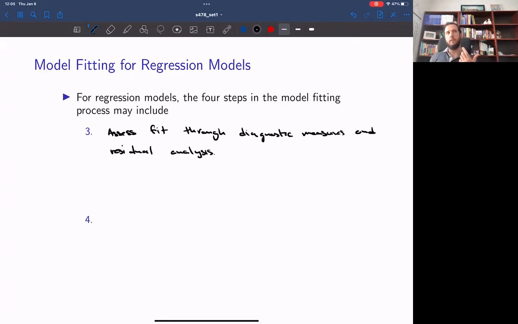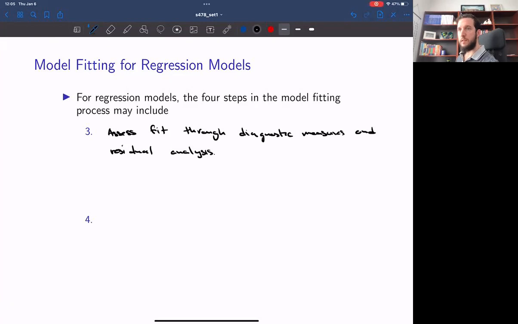Now, in the case of the linear regression model, a lot of the diagnostic measures you will have seen before. So things like R squared, Cook's distance, the DFBETAS, DFFITS. There's a whole suite of different diagnostic measures that we can utilize to evaluate the fit of the regression model and to evaluate the influence of particular observations on the regression model.